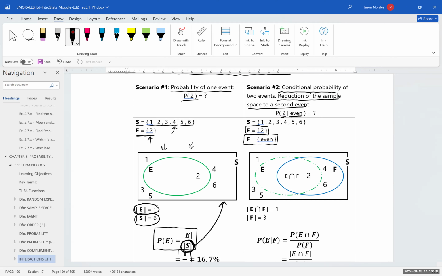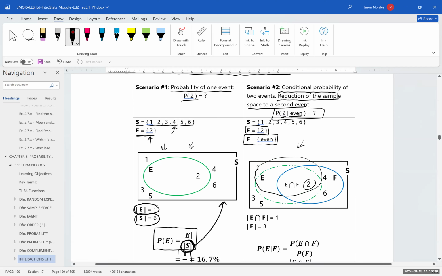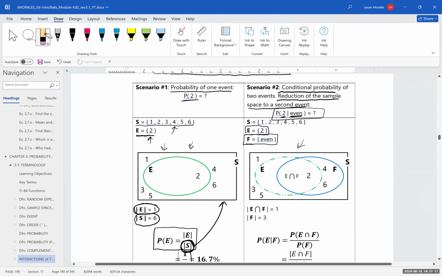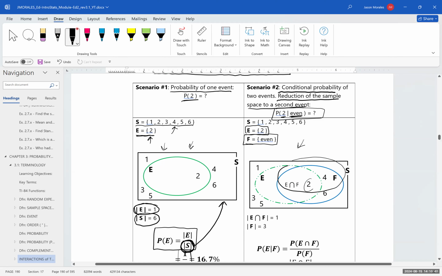So here's the Venn diagram, which represents this probability. Event E is the event of getting a 2. I apologize for that jumping around. I can't really help that. And event F is getting an even number. So here's event F, and that's going to be a 2, 4, or a 6.